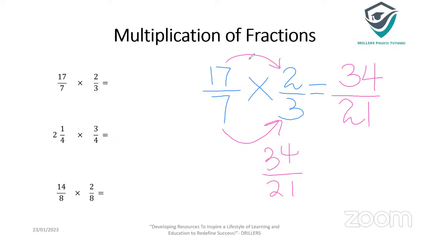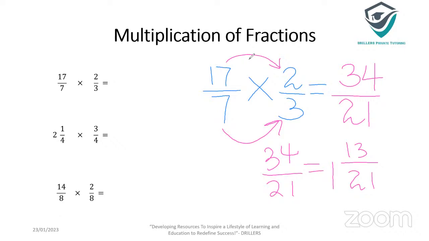All we have to do now is simplify. If we divide 34 by 21, we know that 21 can go into 34 one time with a remainder of 13 over 21.